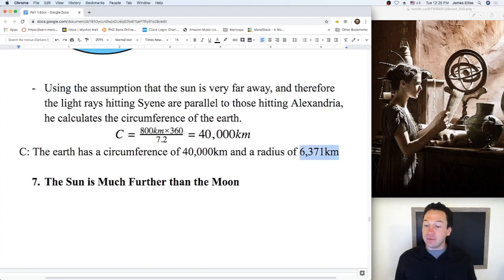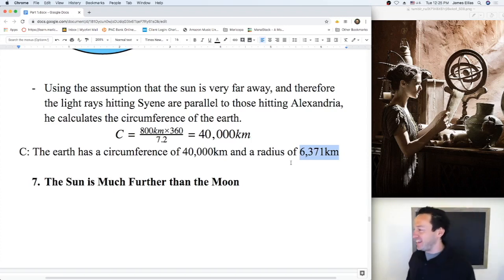And we find that the Earth's radius is 6,371 kilometers if we do some simple geometry right there. Okay. Now, we have found the size of the entire Earth.